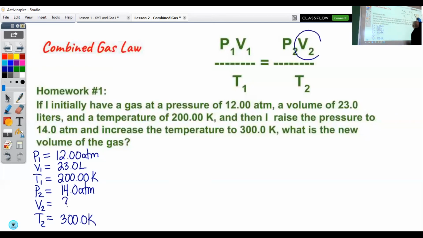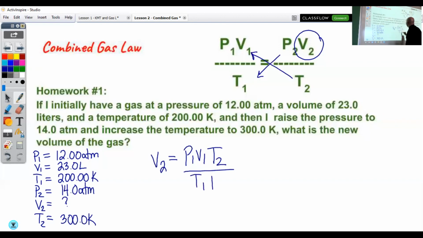So looking at my equation, volume 2, I'm going to isolate that. So I have volume 2 equals P1, V1, T2. This comes up here. P2 is coming down. So we have T1, P2. I can now plug in my variables from the givens list into my equation.